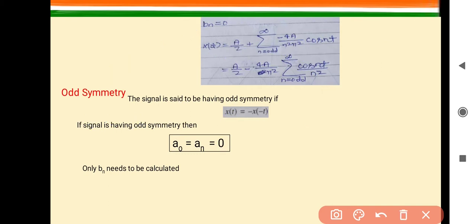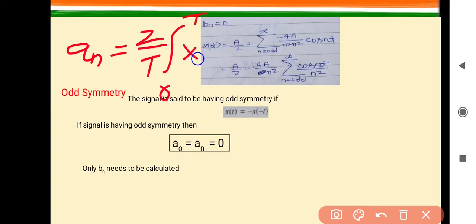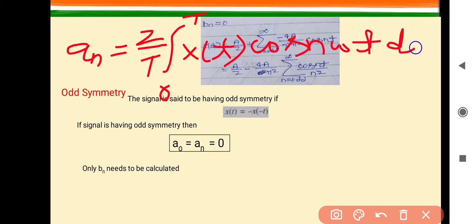In the same way, the formula to integrate an is equal to 2 by T integration from 0 to T of x(t) cos n omega t dt.